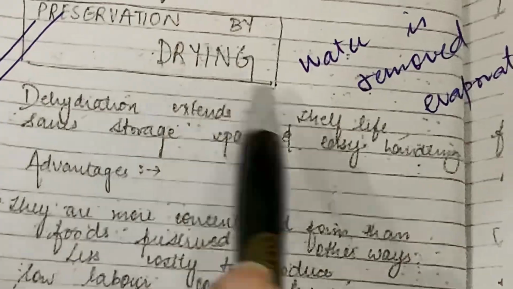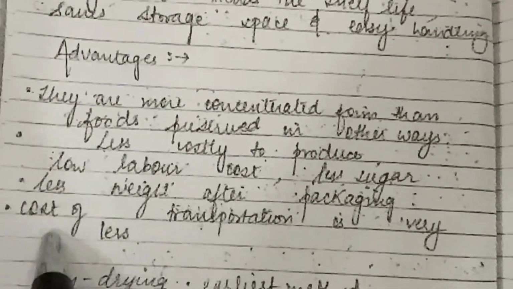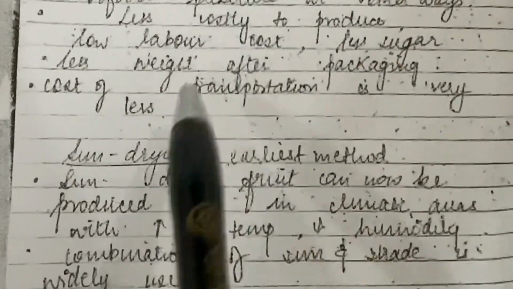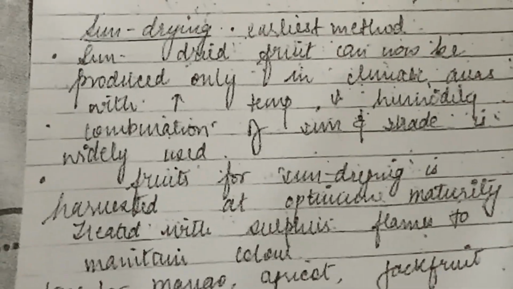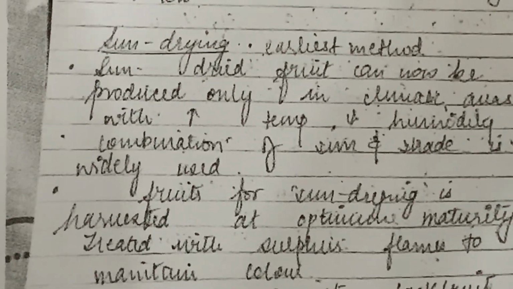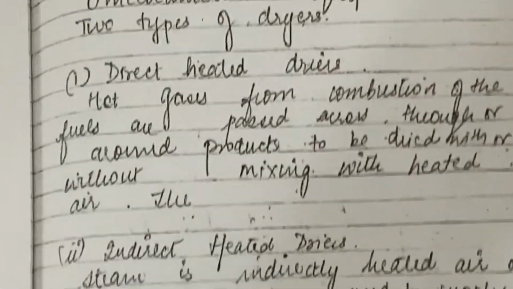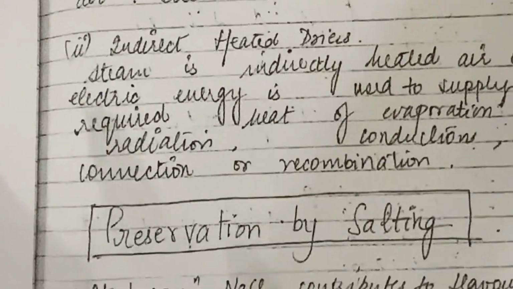Now for preservation by drying as well. Now we studied it, what is drying, but not in detail. So here some advantages, type of drying like semi-drying, everything is mentioned. You can make a note of it. Mechanical dehydration, that is by direct or indirect heating.